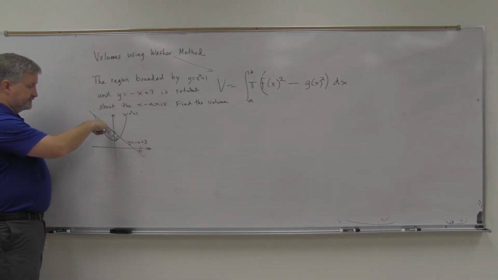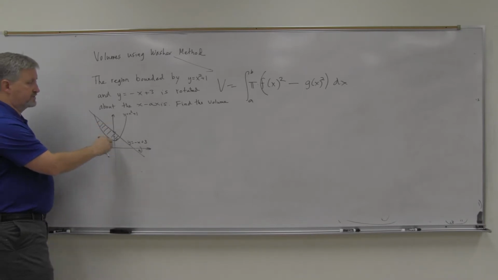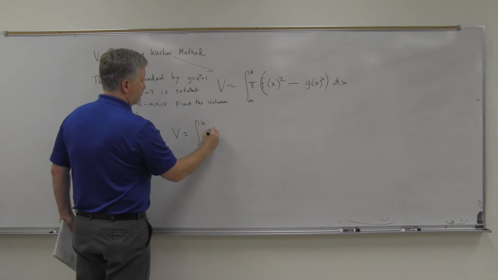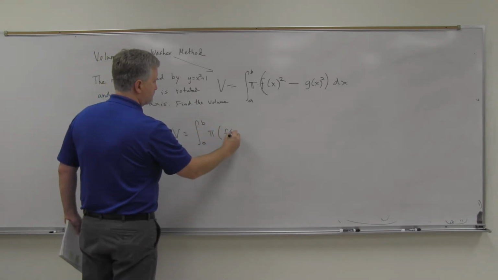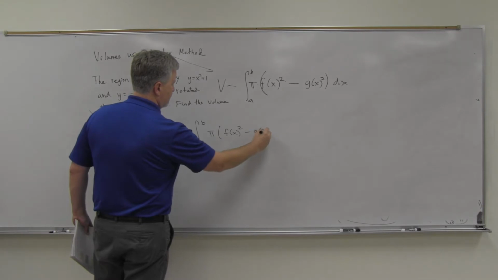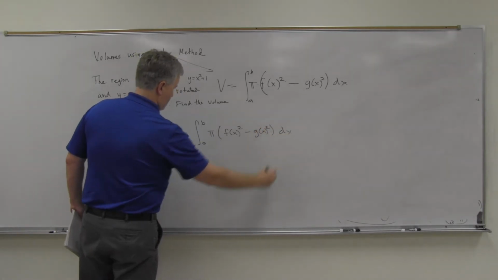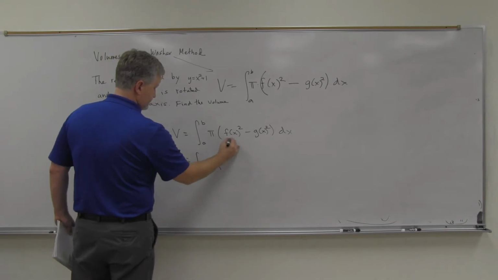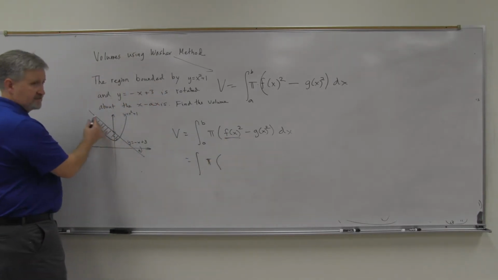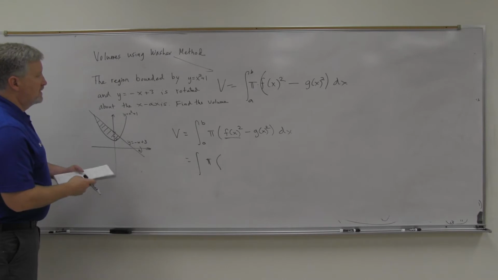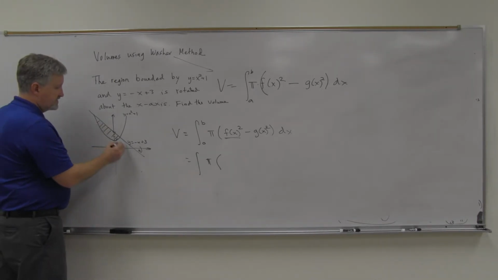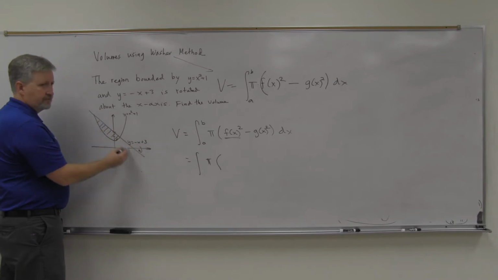It's going to be the washer method. I need to take the outer, the upper one squared, minus the lower one squared. And so the f of x, again, is the upper one or the outer one, ultimately when you rotate it. So that's the minus x plus 3 one, isn't it?